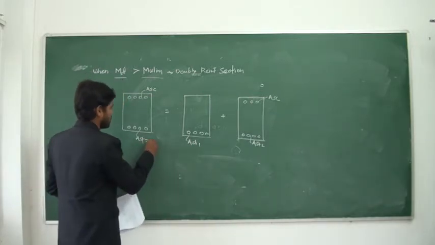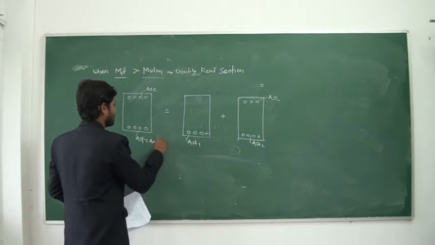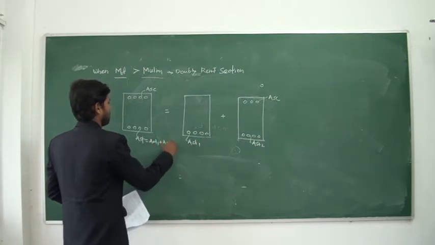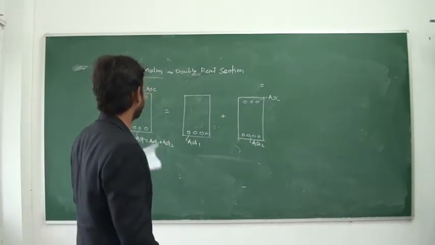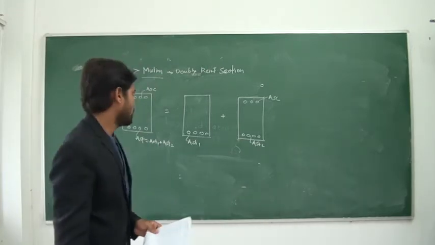Okay, this AST is a combination of AST1 plus AST2. Now what is this AST1? What is this AST2? We'll see.